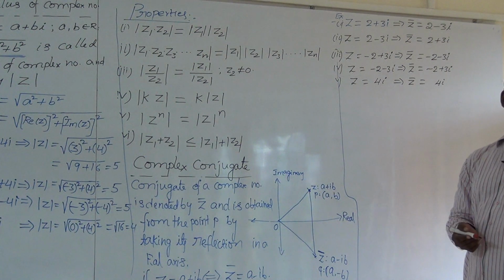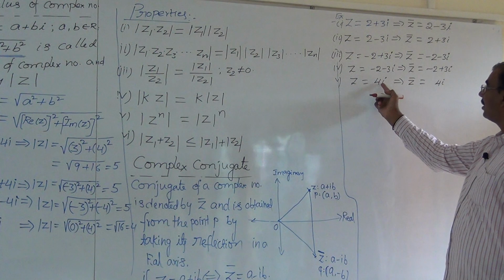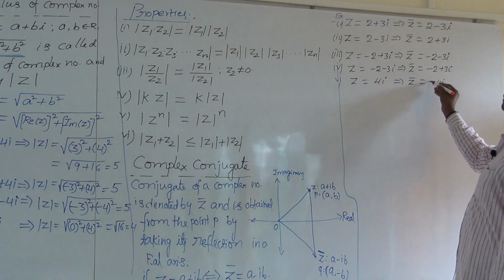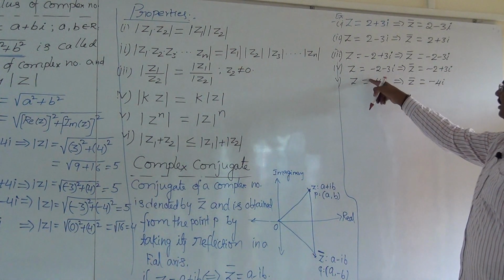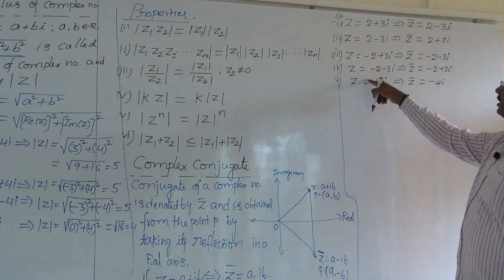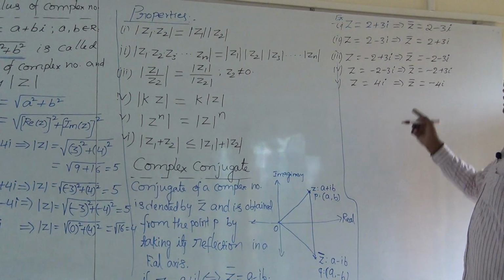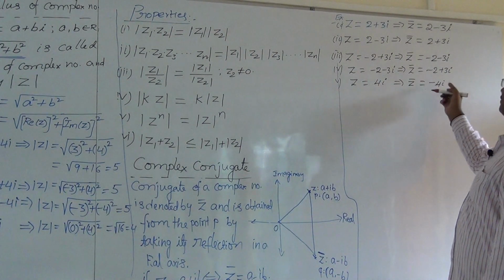No. Why? Because for the imaginary part, the symbol is plus, so we have to use minus. Z equal to 4 iota is a complex number because it is in the form 0 plus 4 iota. The real part is 0, the imaginary part is 4, so the conjugate is minus 4 iota.